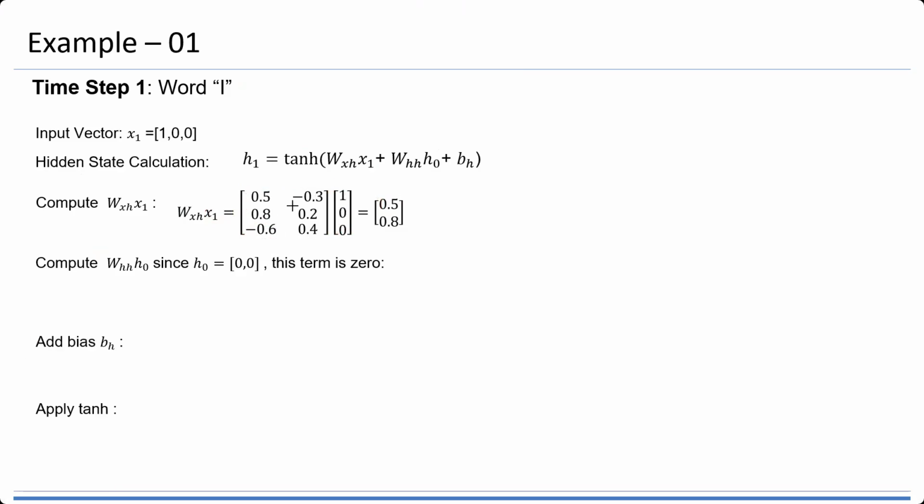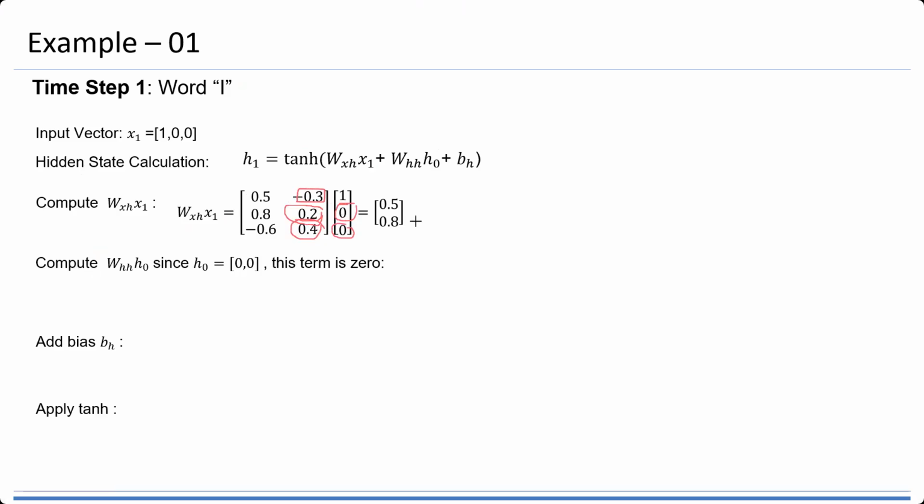For the second one, minus 0.3, minus 0 multiplied by 1, and then minus 0.2 multiplied by 0, and 0.4 multiplied by 0.